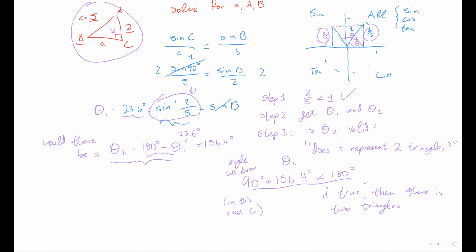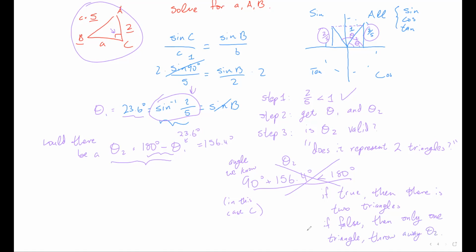Let's actually double check if this is true. And it looks to me that this is not true, so this does not hold. So if false, then only one triangle. We're basically going to throw away theta 2.